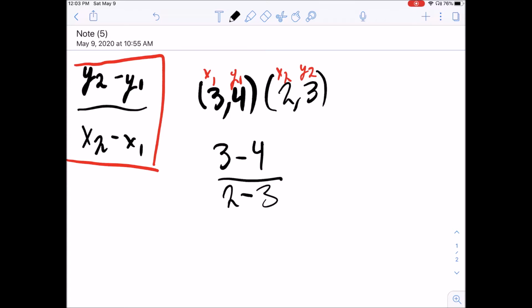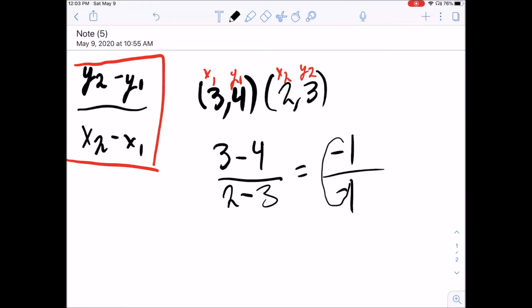Alright, so then when we do this, we will get 3 minus 4 is -1. -1 over, we have -1 on the bottom as well.